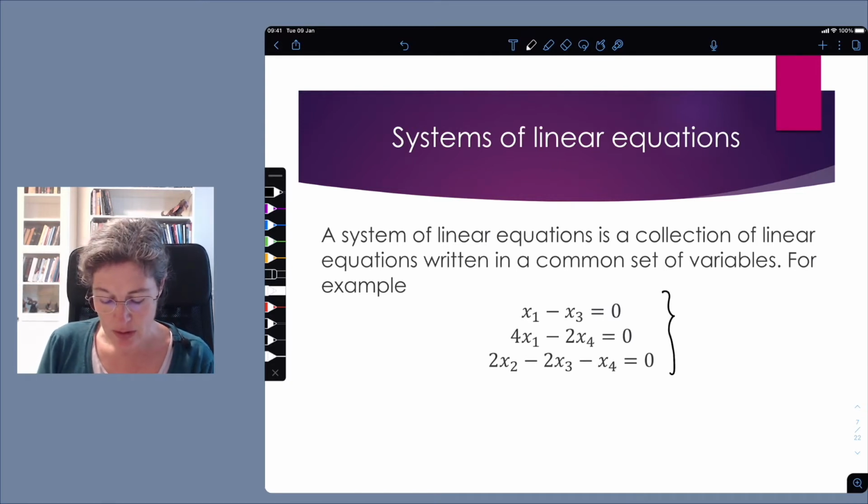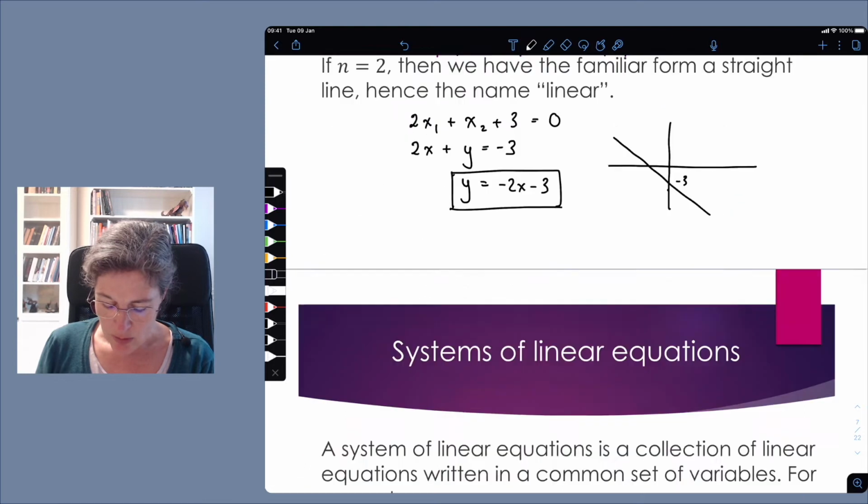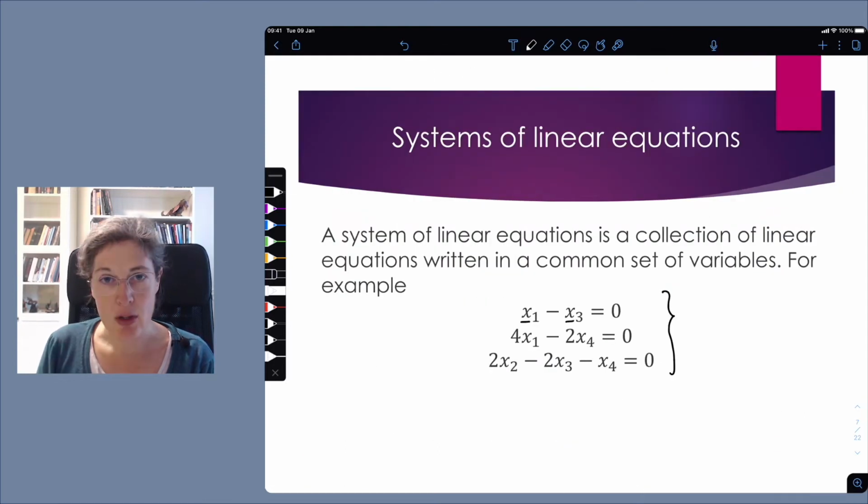Notice that each variable only appears as itself or a multiple of itself. So we don't have anything like x1 squared, we don't have any cross terms, so we don't have any terms like x1 x3, so these are things that are not allowed. We just have each variable appearing by itself or multiplied by some constant.